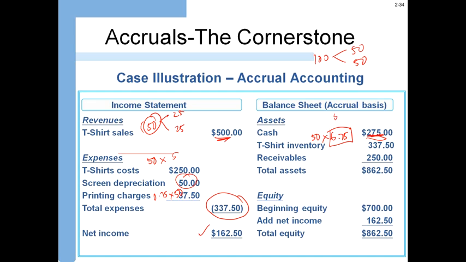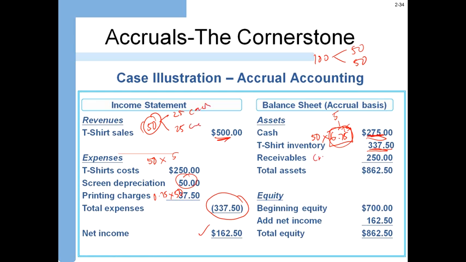Ini ialah cost, harga untuk menghasilkan satu baju t-shirt. Sebab RM5 tu kita beli, RM5 tu harga t-shirt, RM1 harga screen cost, and then 75 cent is your printing cost. So total RM6.75 lah. So t-shirt inventory you ada 337.50 cent. So receivable ni kan on cash, on credit.